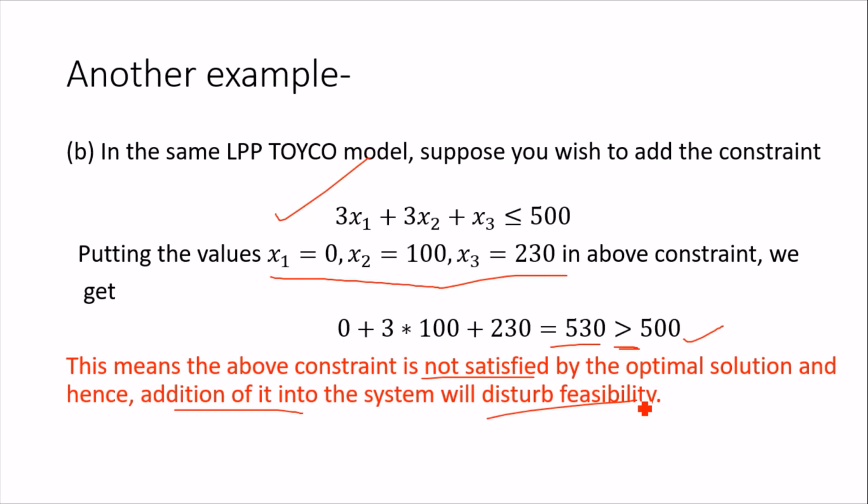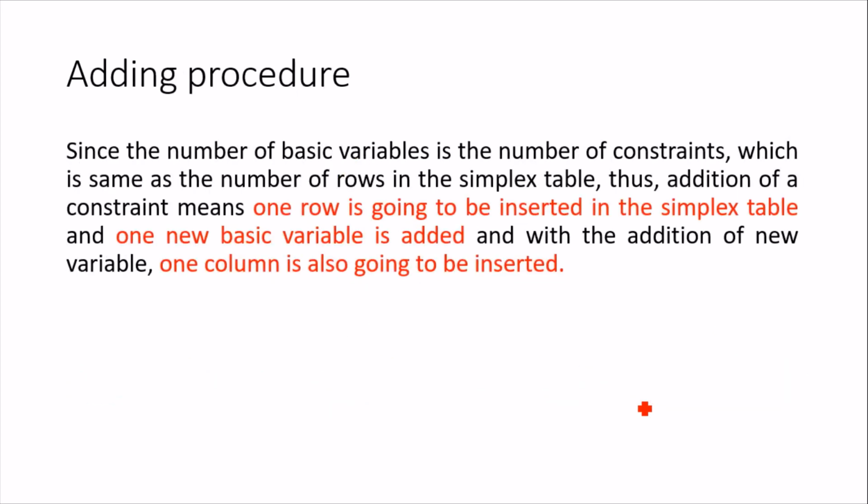The next question we have to answer is how to add the constraint into the system. Since we know that in the simplex table each constraint first gets converted to equation form, we have to do the same thing with this constraint. And since each row of the simplex table represents a constraint, when we add a new constraint, one row is going to be inserted in the simplex table.